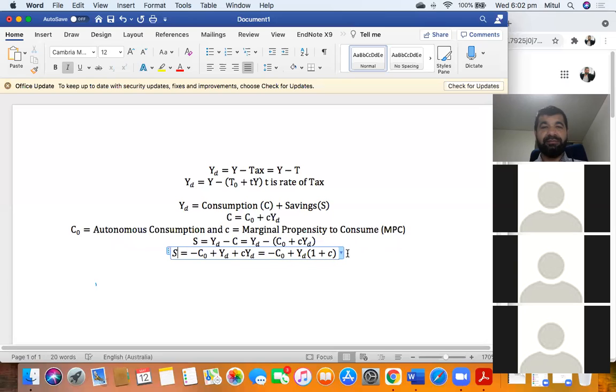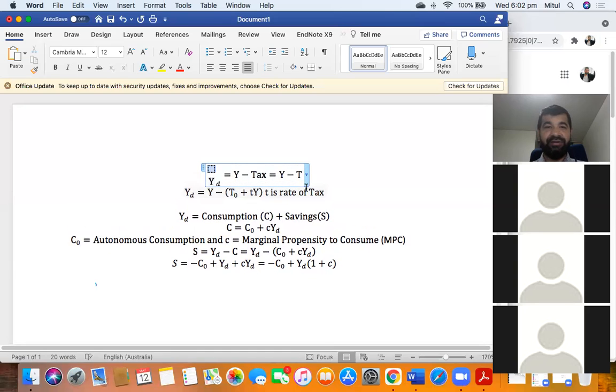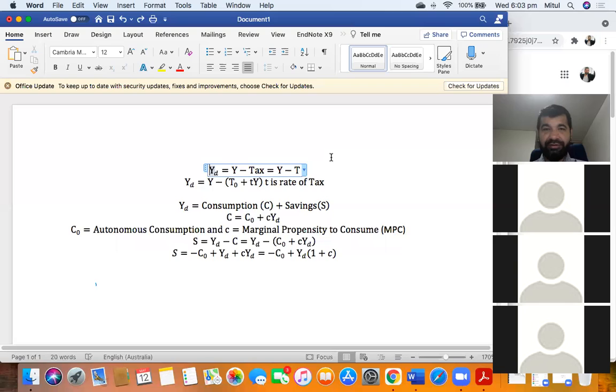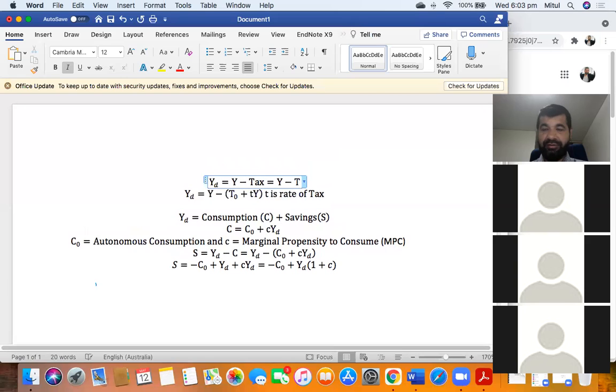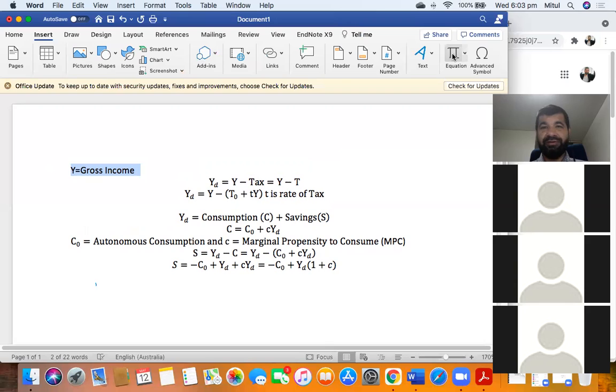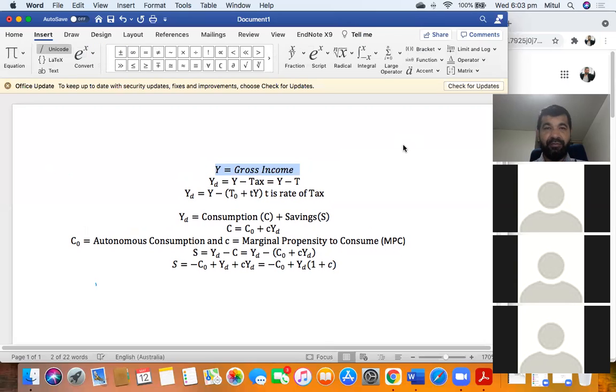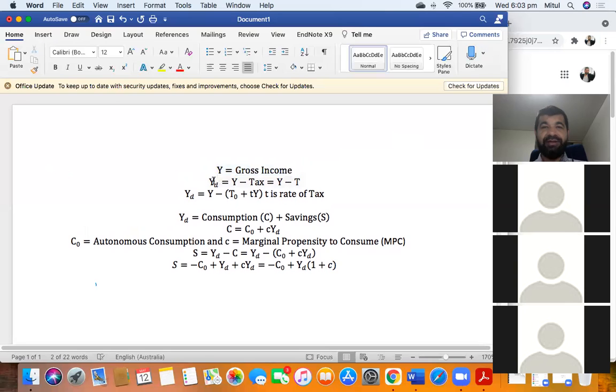Sorry, what does the Y stand for, sir? Y is the income. Y is your gross income. I should write it down on top. Y is equal to your gross income. YD is disposable income.